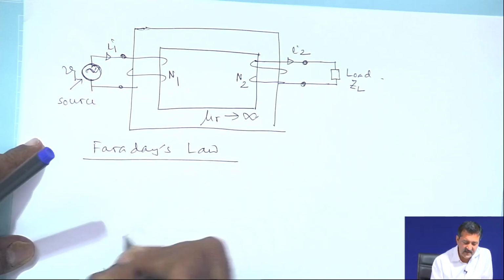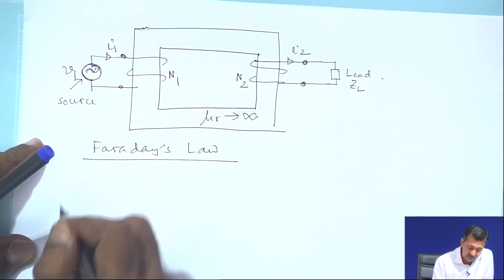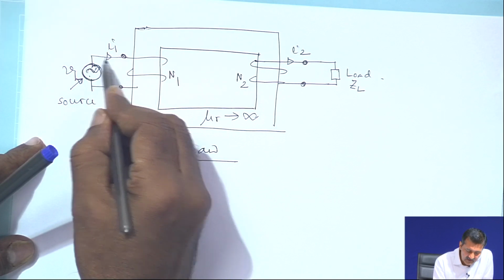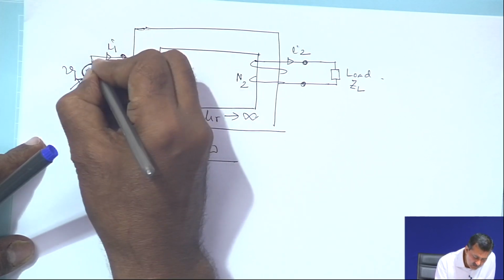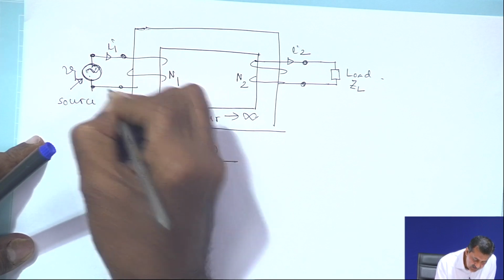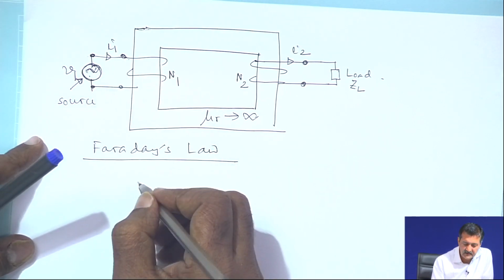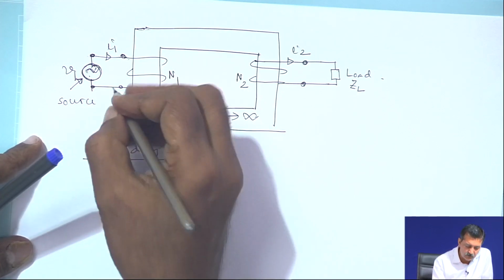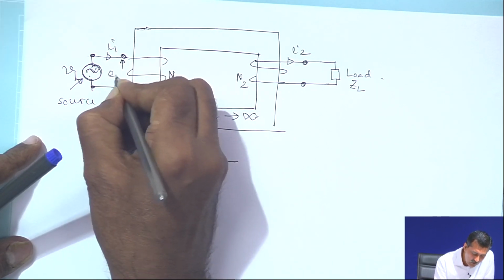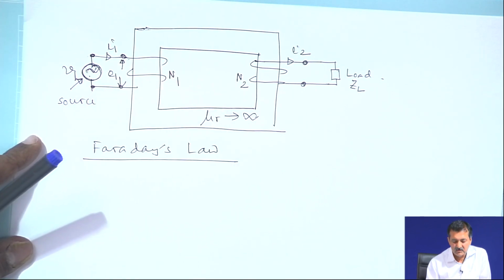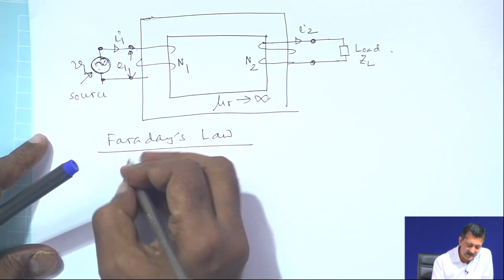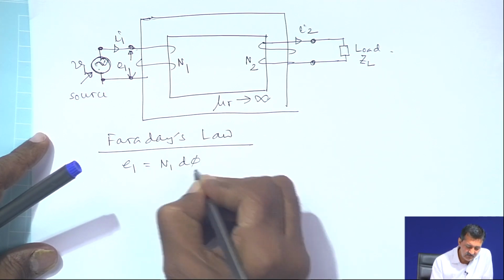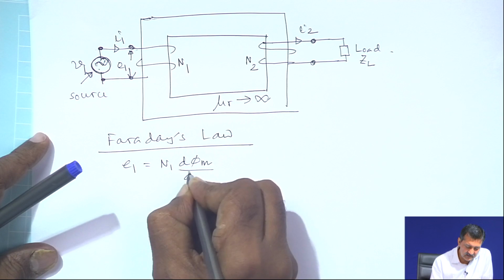If this is V 1, the supply and the source, and there is no resistance between the source terminals and no resistance in the coil at all because of our assumption, then we can say that V 1 is equal to E 1, and as per Faraday's law E 1 is equal to N 1 d phi m by dt.